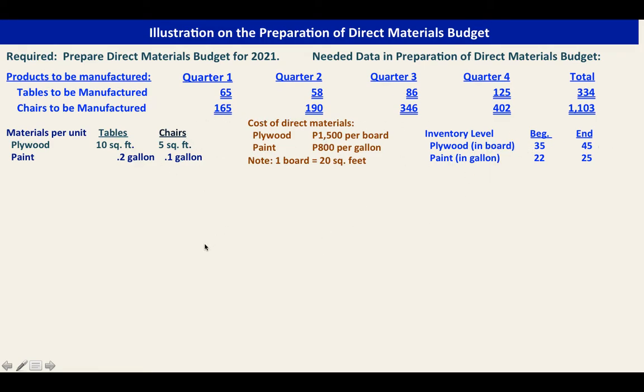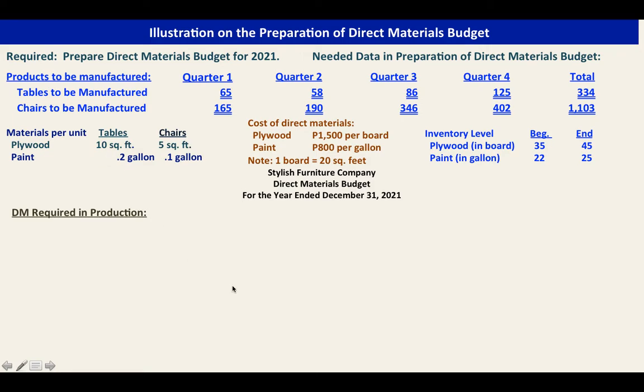And based on this given data, we can now prepare our direct materials budget. So we have to put our heading, and then we first determine the direct material required in production. The materials that we need are plywood and paint for the production of tables and chairs.